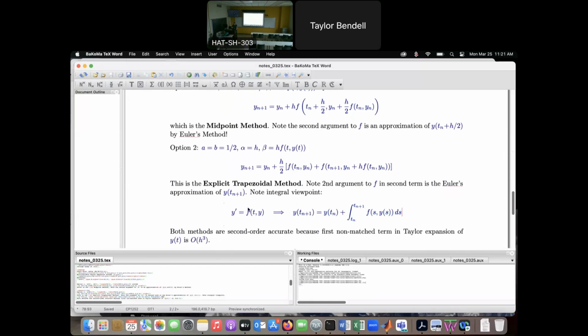And we know that the methods are second order accurate because, when we look at the methods as originally written out, the first terms that did not match were order h cubed. And that leads to the actual error being order h squared.